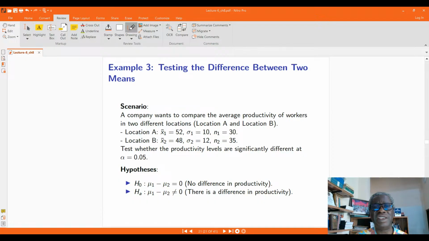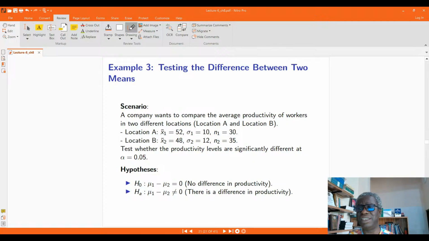So in this example, a company wants to compare the average productivity of workers in 2 different locations.